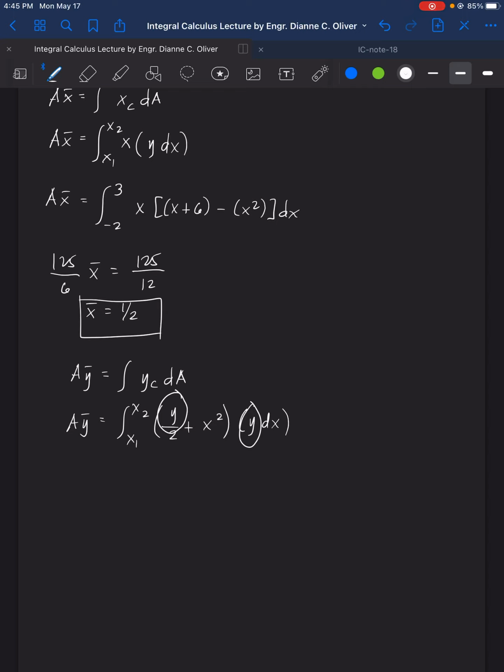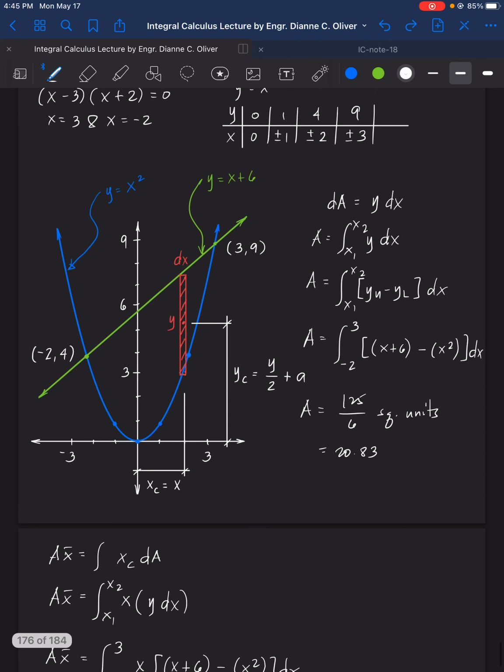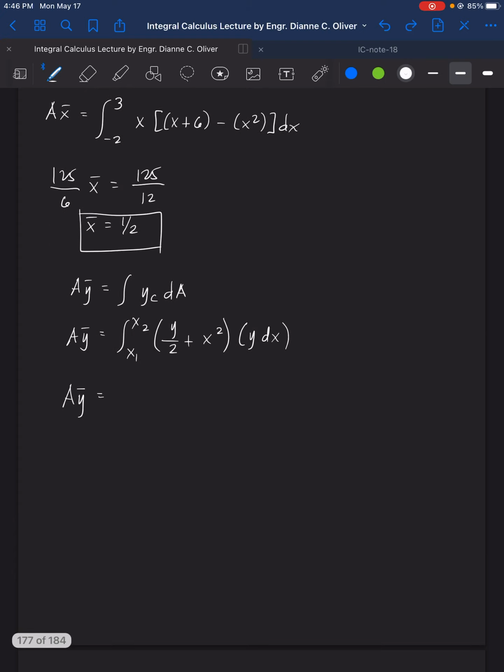We will not let it remain as y. To do that, what is the value for y here? That is y upper minus the y lower. So for y upper, y is equal to x plus 6, minus the y lower, y equals x squared.